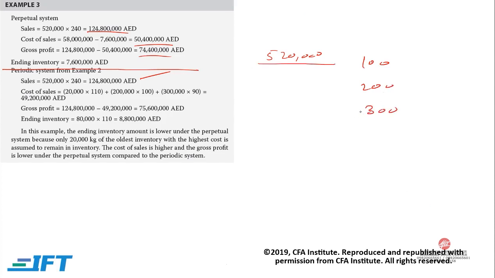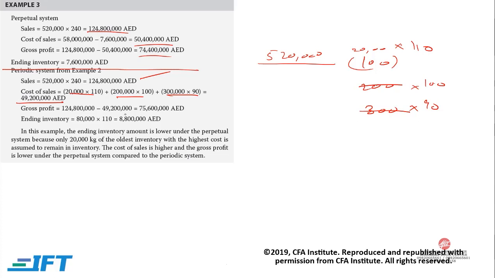So, if you are selling 520, first this 300 will go, then this 200 will go, and then 20,000 will go from 100,000. So cost of sale would be 300,000 multiplied by 90, 200,000 multiplied by 100, and 20,000 multiplied by 110. So we are left with cost of sale of 49.2 million.